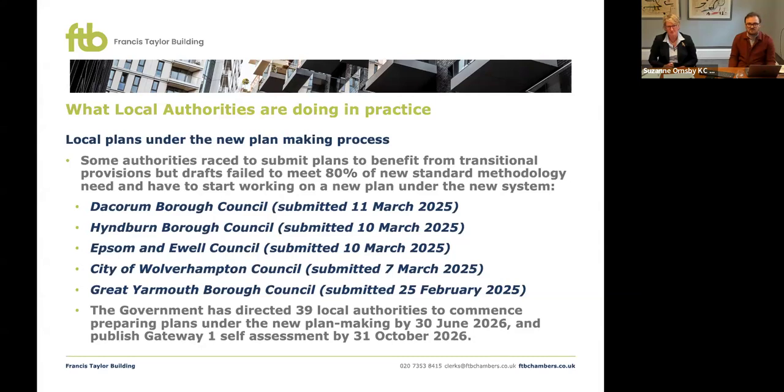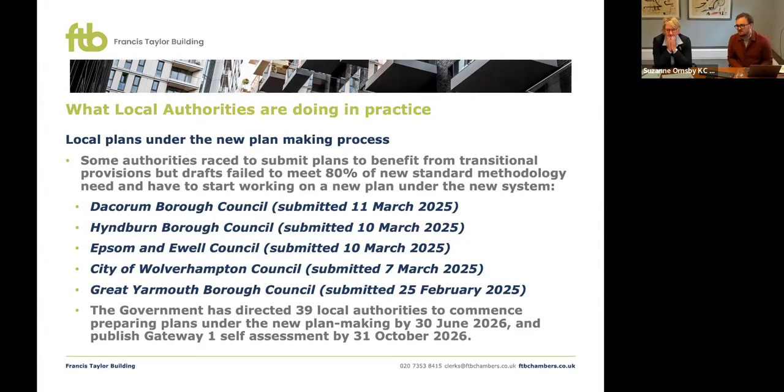So they're really going to be the vanguard of the new plan making system, and we'll see whether they will achieve that pretty ambitious timeline of publishing their Gateway 1 self-assessment by the 31st of October.